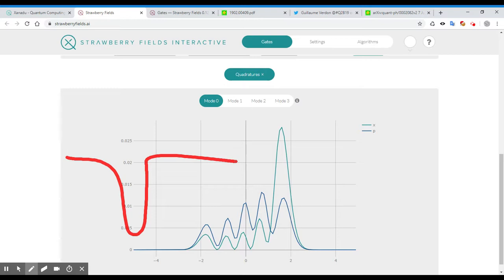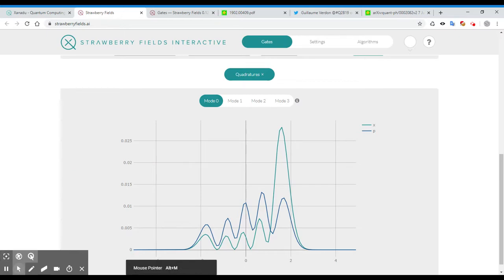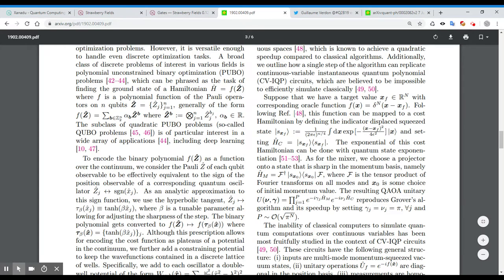I think so. That's what I imagine this should look like. Around the 3, right? So here would be 3. But I may be totally wrong.